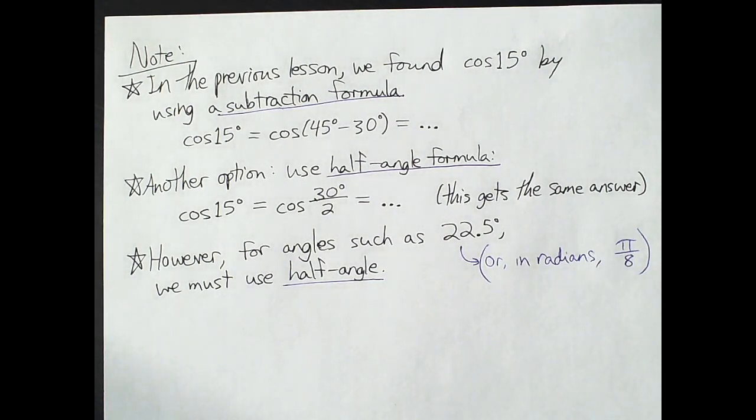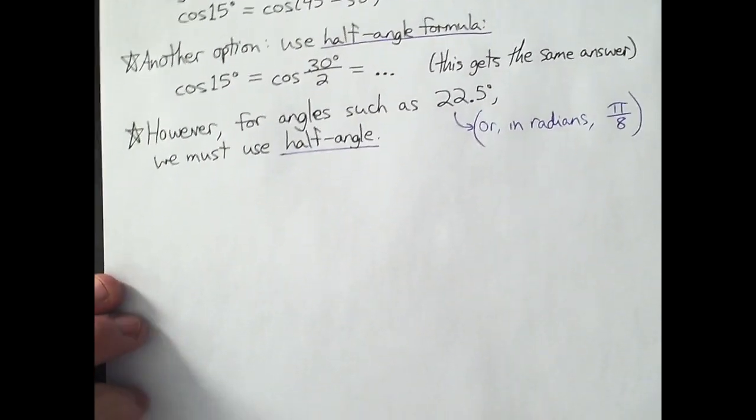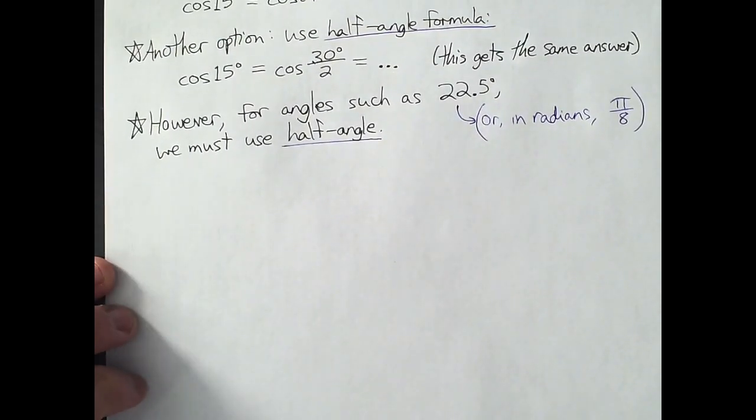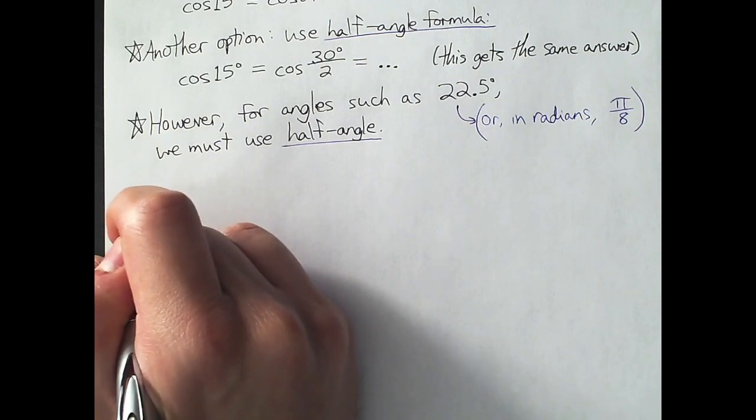Can we get 17 as a combination of other angles we know? Feels like that would be really tough. So maybe with some repeated use of a subtraction formula and a half angle formula, and maybe having to use them twice or something, but I don't think you'll see something like sine of 17 degrees. I was just saying that as an example.